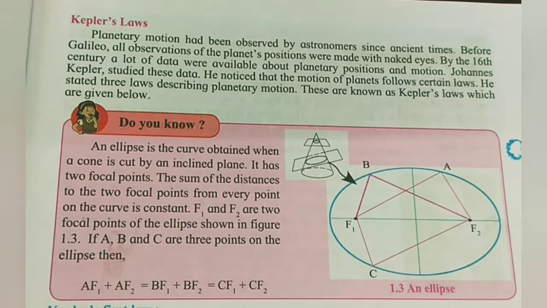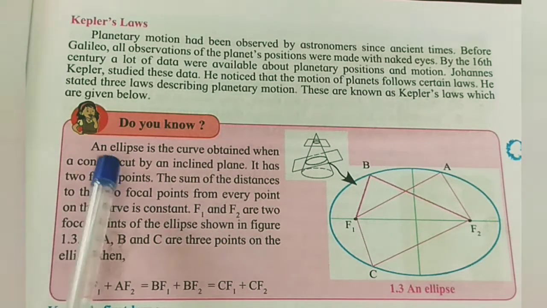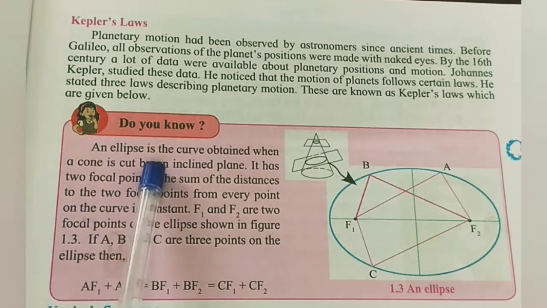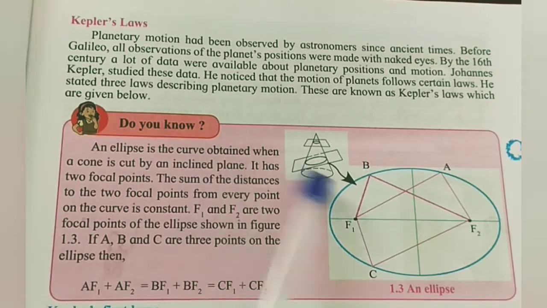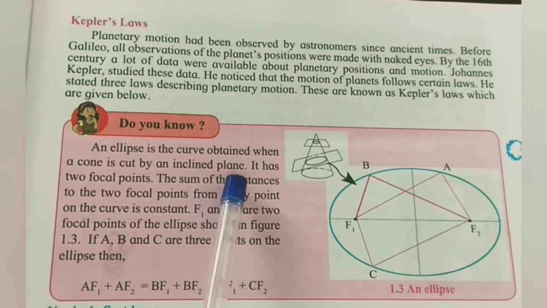Okay, so now we are going to see Kepler's laws. Now here is one piece of information given about the ellipse. An ellipse is the curve obtained when a cone is cut by an inclined plane.